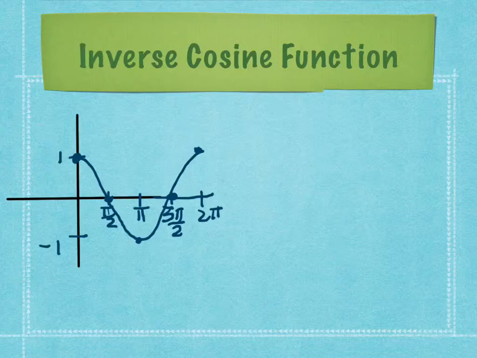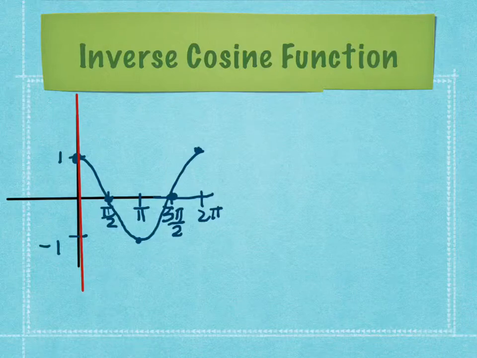So we need to put in those red lines like I did before. All right, so we actually end up putting the red lines for cosine at the y-axis and at pi. And if you take a look, sure enough, between the y-axis and pi, I have something that's 1 to 1, right?